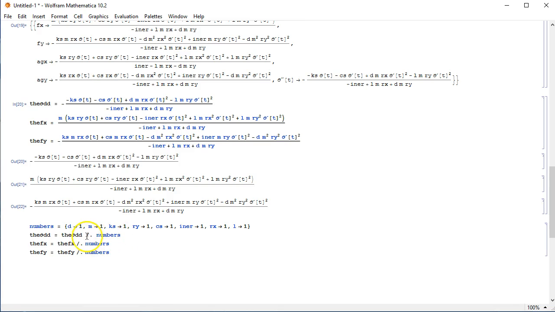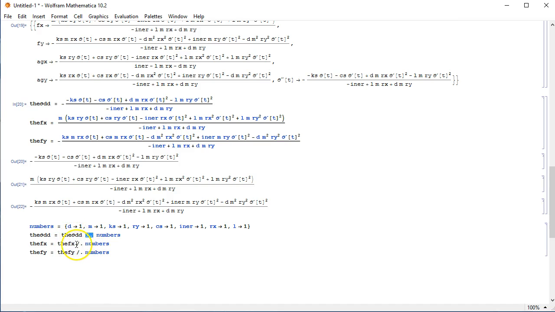All I'm going to do is substitute these numbers into the theta double dot, the Fx, and the Fy. And here's kind of cryptic, but this is the way Mathematica does it. You've got to know how it does it. What this is doing is saying take these numbers and put them into the formula for the theta double dot.